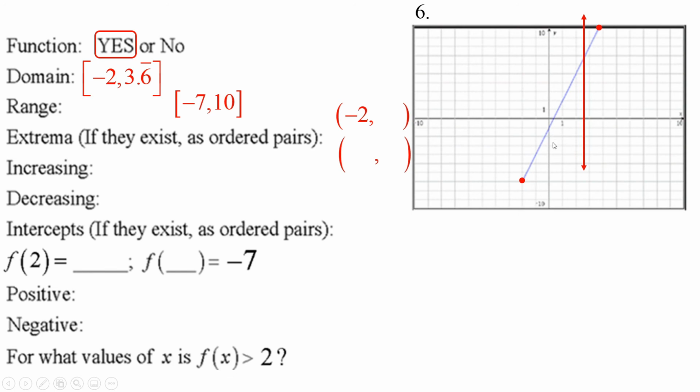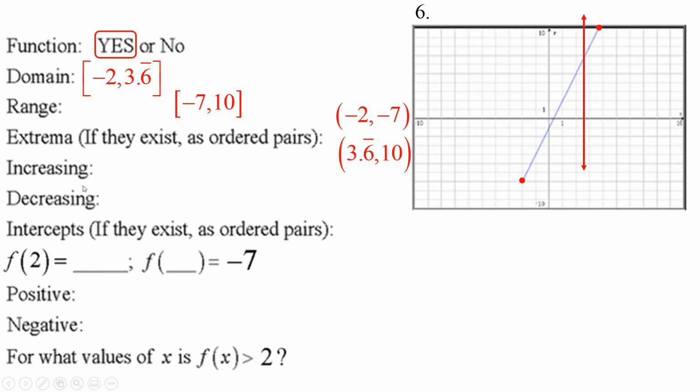Let's see, 1, 2, 3, 4, 5, -7. Sorry, I had to count them again, I forgot. All right, and now what are the coordinates of this point right here, that max as an ordered pair? Well, didn't we call that x value 3.6 repeating? And what's the y coordinate right there? 10. Okay, there you have it.